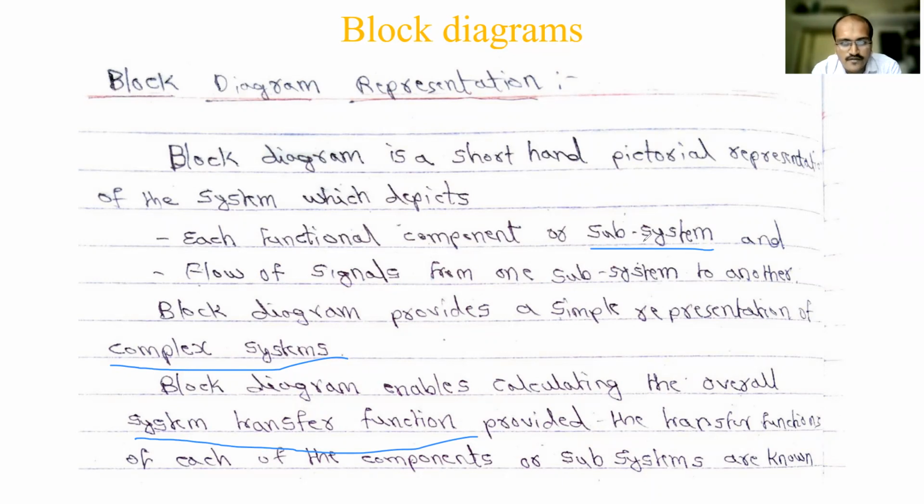It is the ratio of output to input in Laplace transform, like V0(s) by Vi(s) for an electrical system. Using that and the reduction technique, we will find the overall system transfer function. That is our main goal to learn today.